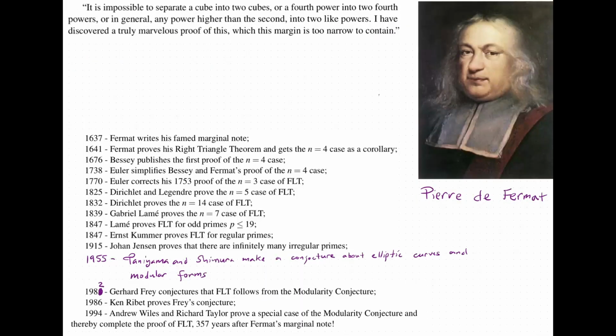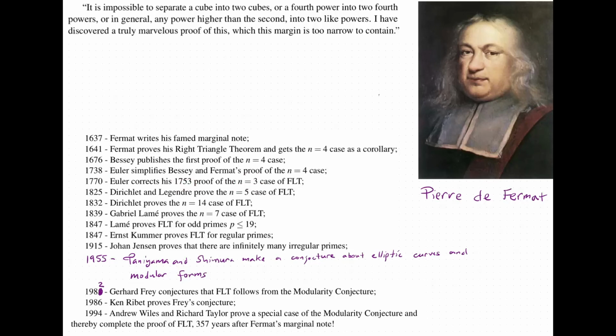The next breakthrough came in 1738 when Euler simplified Bessy and Fermat's proof for the n equals 4 case, and Euler devoted his lifetime to solving the various claims that Fermat stated in his marginal notes. In 1770, he finally succeeded in proving the n equals 3 case, which he technically had done in 1753, but that proof was incorrect.